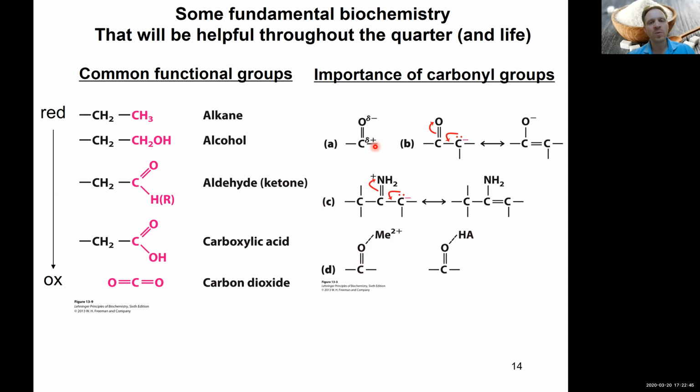And so this drawing away of electrons and the weakening of the bond is what in the end allows us to do the cleavage of carbon-carbon bonds, for example. So these carbonyl groups are very important to facilitate these reactions. And again, we'll see a number of examples of how this is used in metabolism.